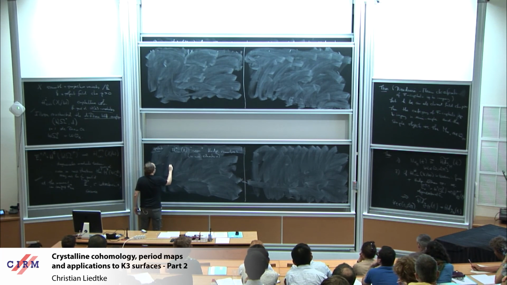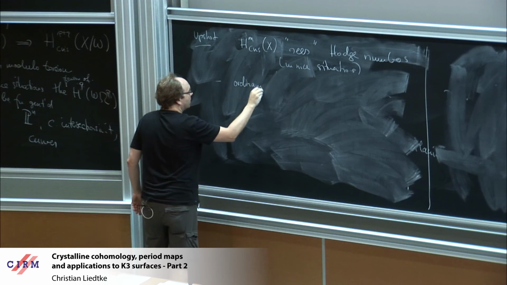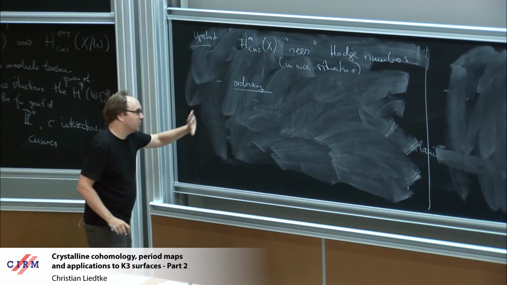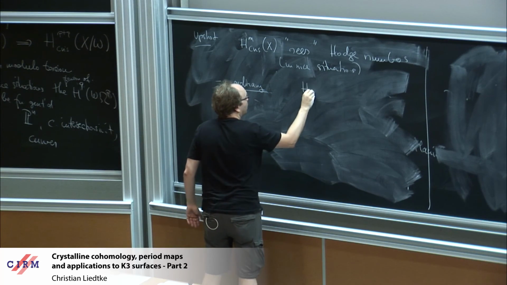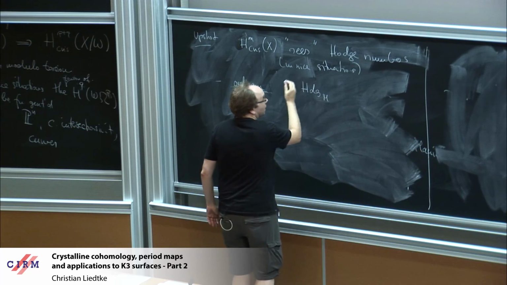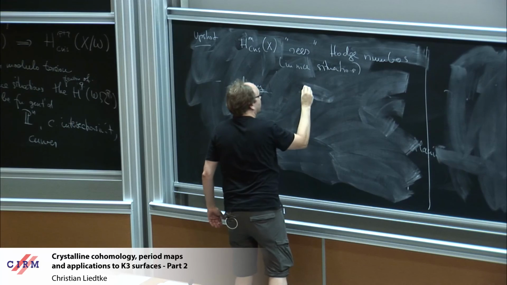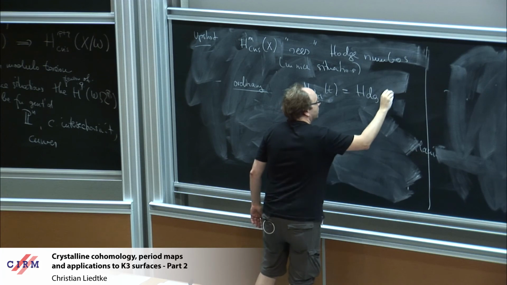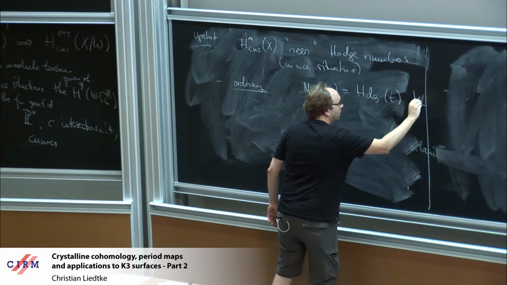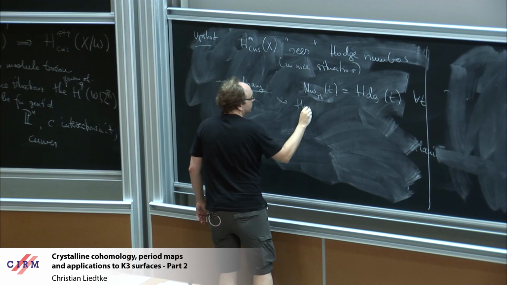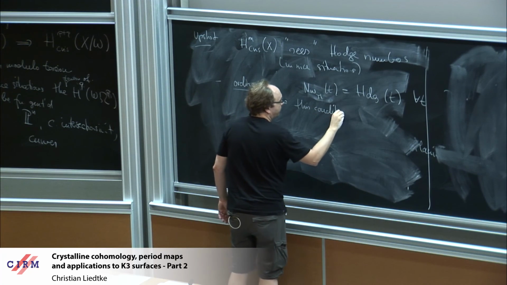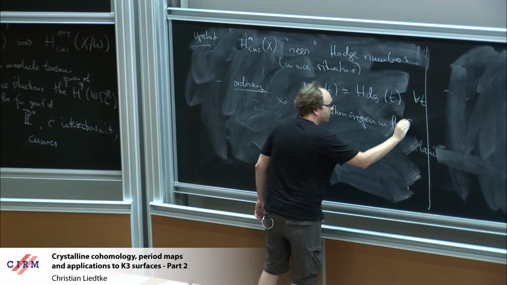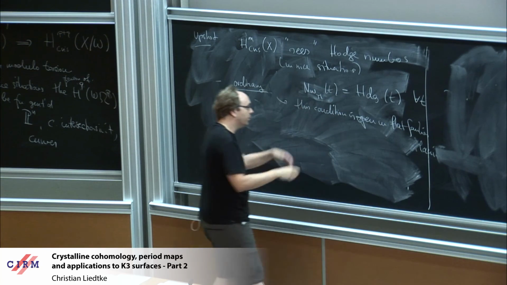I should say there are many notions of ordinarity around. That's in terms of these. So ordinary would be that the Newton polygon equals the Hodge polygon, NP_T equals HP_T for all T. And this condition is open in flat equicharacteristic families, and smooth.